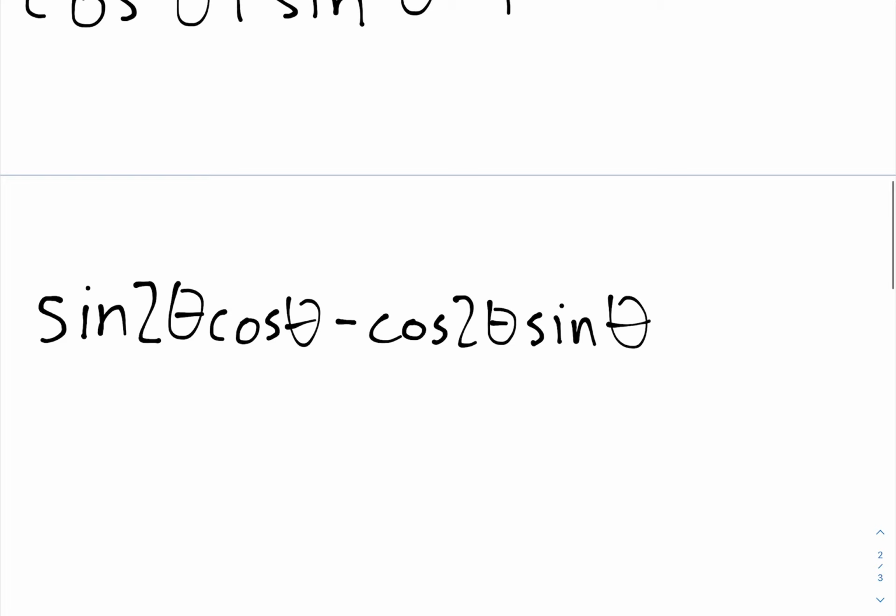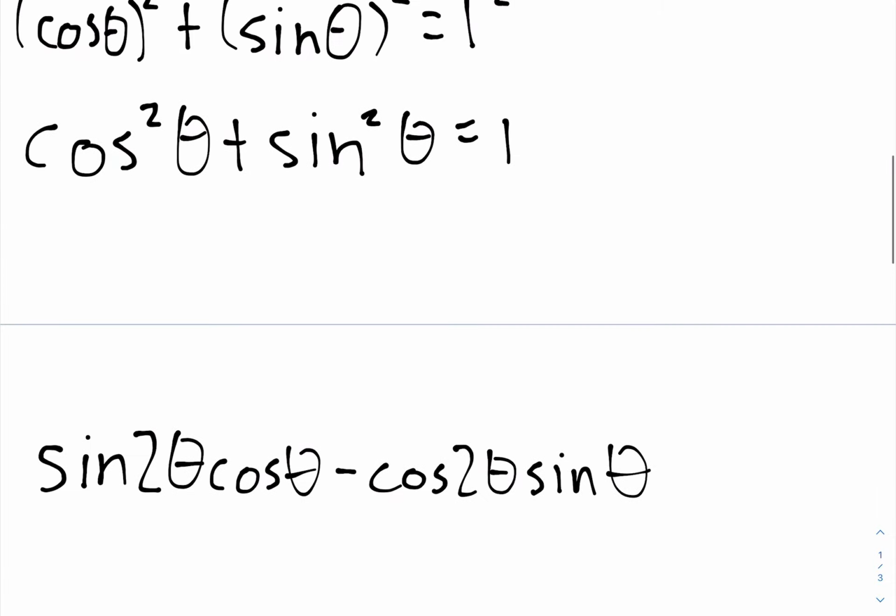So anytime we just have cos theta or sine theta, there's not an identity for that because it can't really get much simpler. But anytime we have sine of something other than just theta, like in this case it's 2 theta, or cosine of something other than just theta, it's 2 theta here, we're going to have an identity for that. Same with tan and the other trig functions as well.